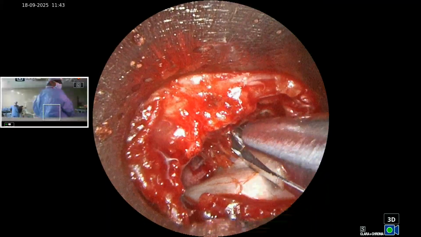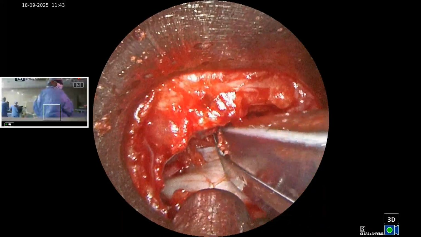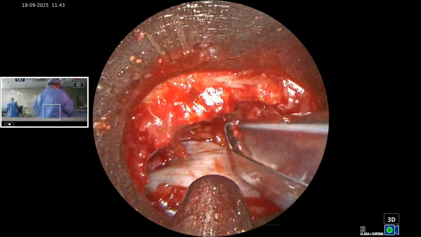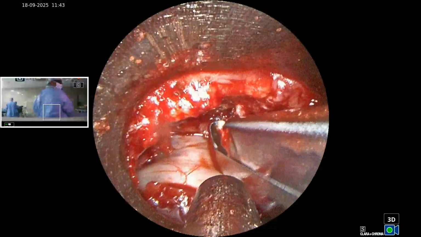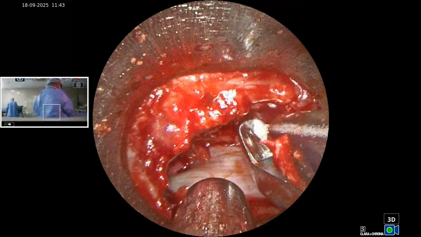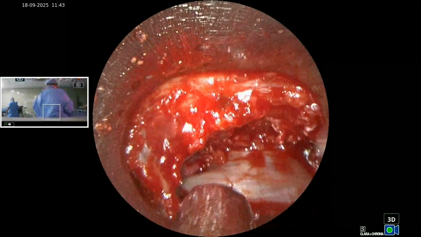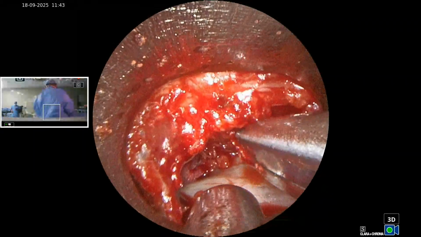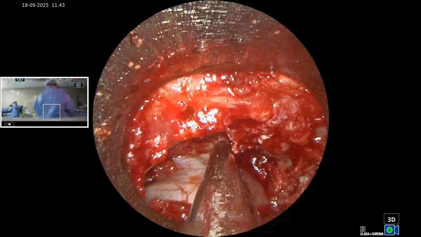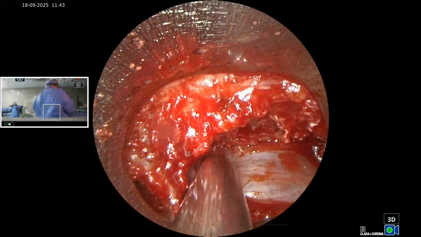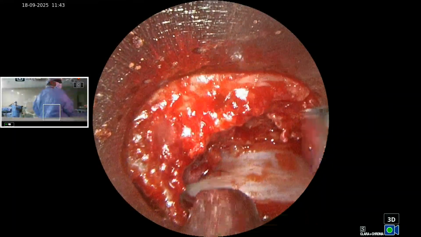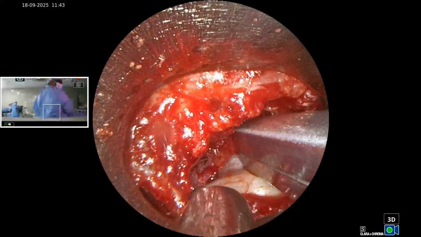The bone of the opposite side comes. Now this is the facet. Overhanging facet. Lateral canal stenosis is very, very severe.